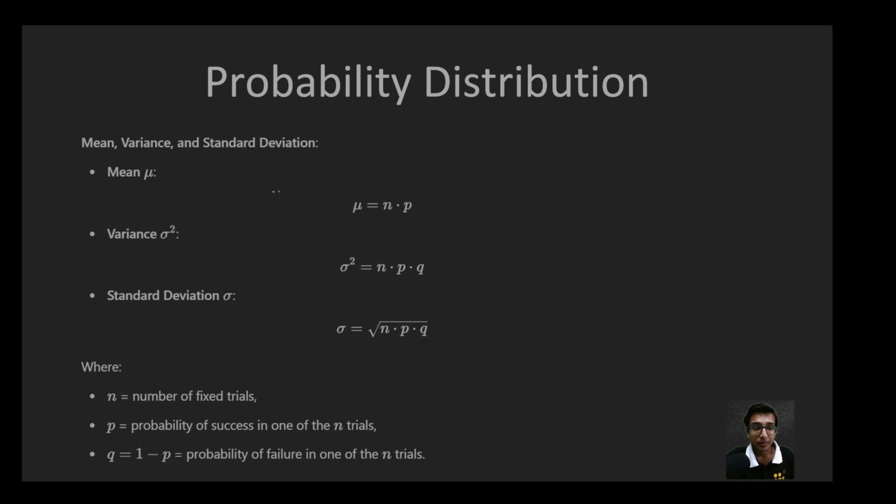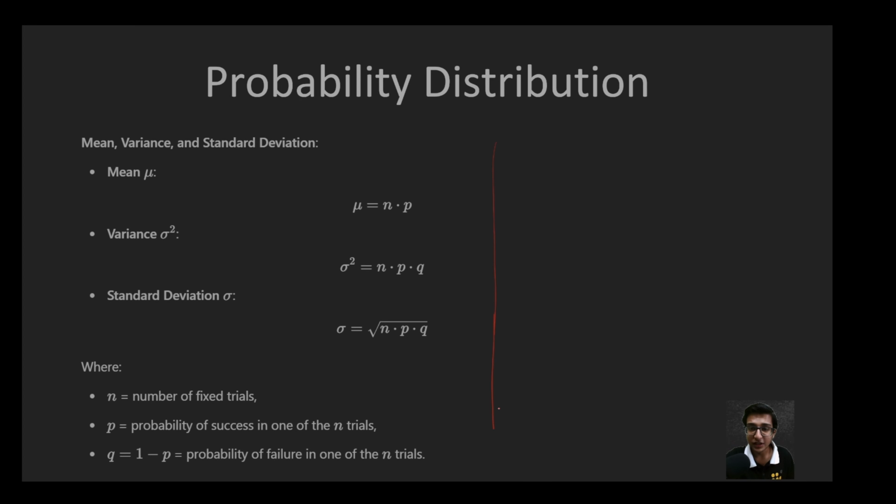Based on that probability distribution, our value of mu is n into p, where p is the probability of having a success. Variance, sigma square, is n into p into q, where q is the probability of having a failure, or standard deviation.